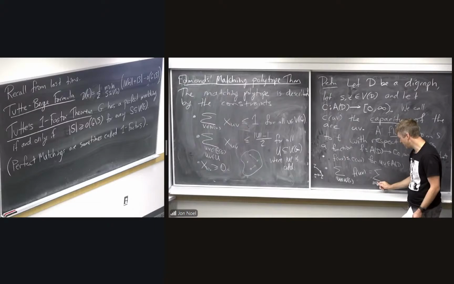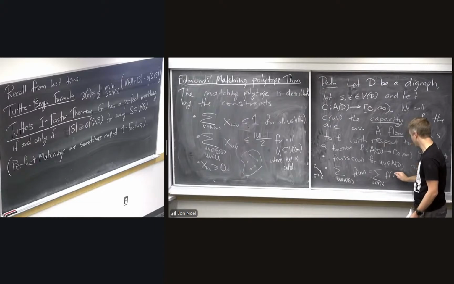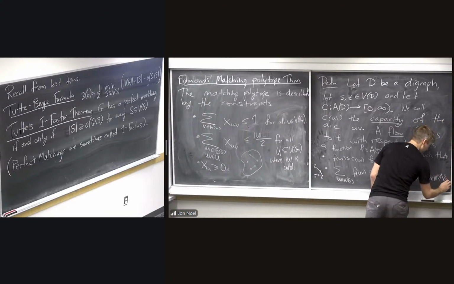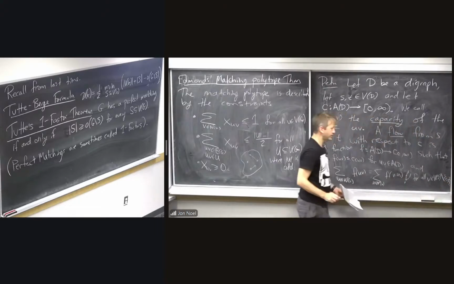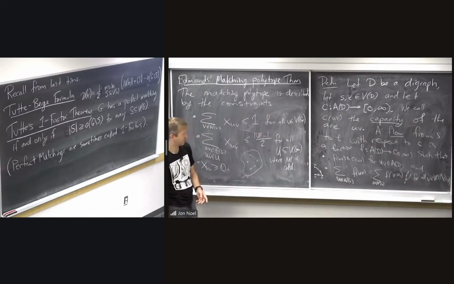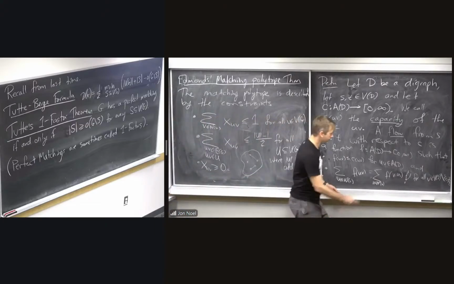So it's the sum over u in N plus of v of f(v,u). These are the arcs coming out of v. And this should hold for all v in the vertex set but not equal to S or T.